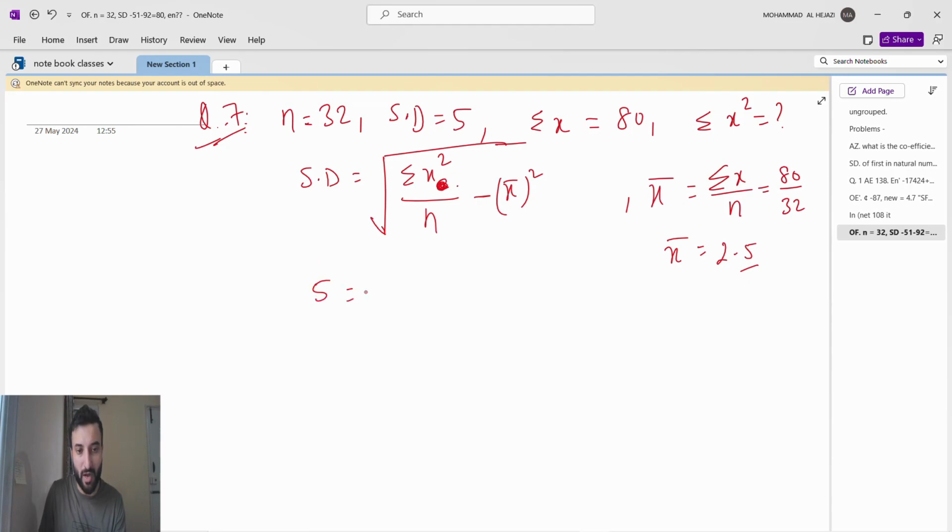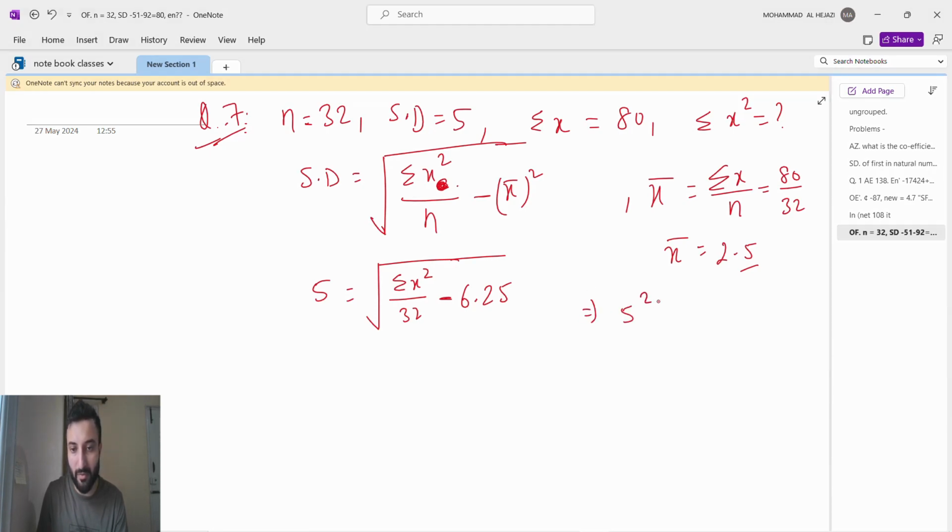Now we'll substitute. Standard deviation 5 equals the square root of summation of x square divided by n, which is 32, minus x bar whole square. 2.5 into 2.5 is 6.25. The square root will go to that side and become a square.